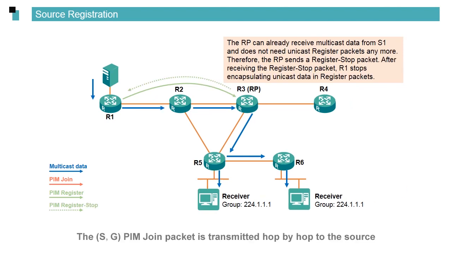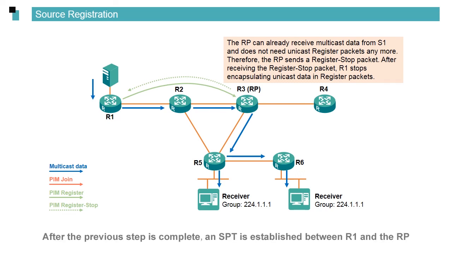The (S, G) PIM join packet is transmitted hop by hop to the source, after which an SPT is established between the RP and the first hop router R1. Multicast traffic is sent to the RP along the SPT, and then the RP sends the traffic to the various branches along the RPT.